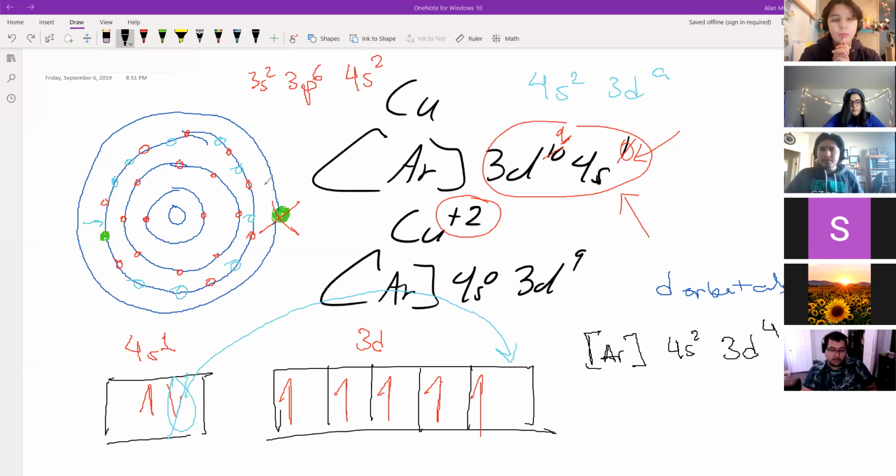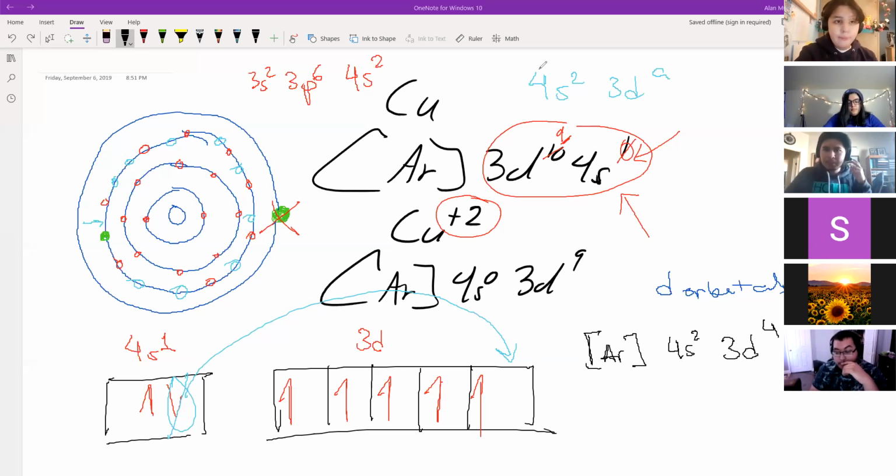Are you talking about the 1s2, 2s2? Yeah, it's just on the exam once you do them, and especially when it's copper or the +2, it's weird.